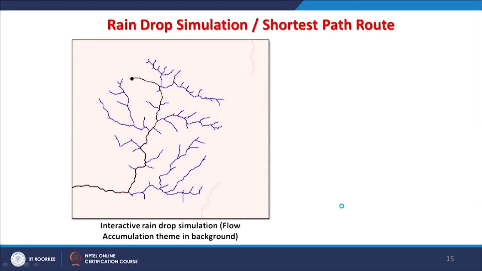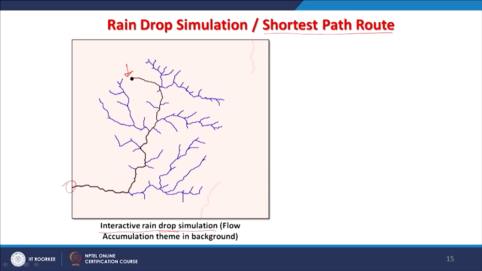Now, you can also automatically delineate the drainage network through a raindrop simulation, also called shortest path routing. If I drop a single drop of water here, then over a flow accumulation theme, it will show which path it will follow to come out of this outlet. You can do this once you have the flow accumulation theme, as a drop simulation.